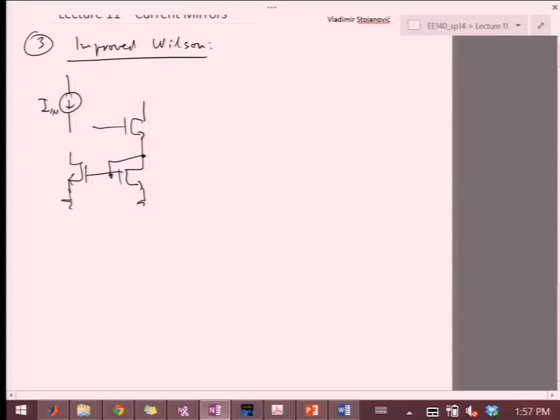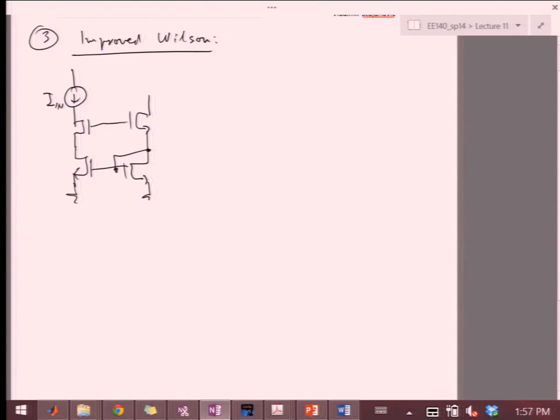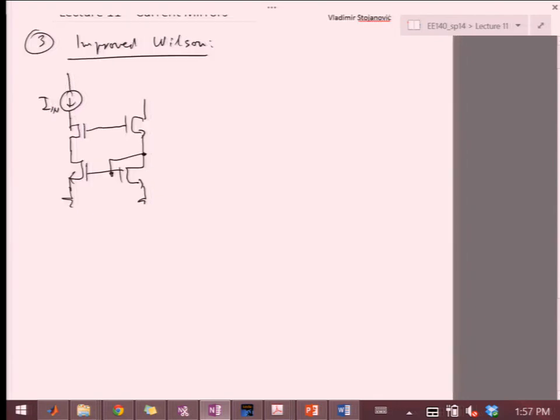How do I take this voltage and push it down by a VGS? Okay, so the idea is to put another MOSFET. Okay, a diode. I was just about to ask how do you bias this point, but okay, now you're biasing that point, right?